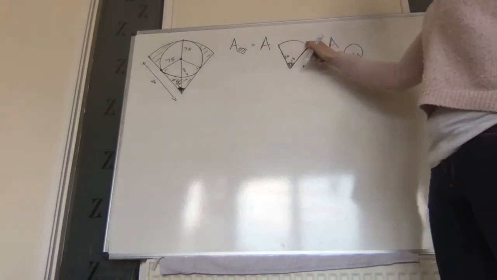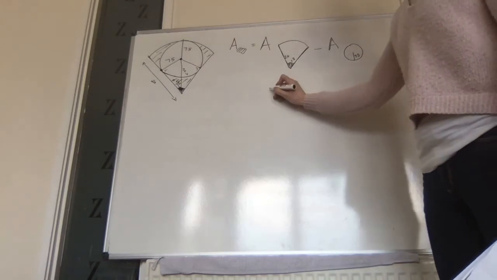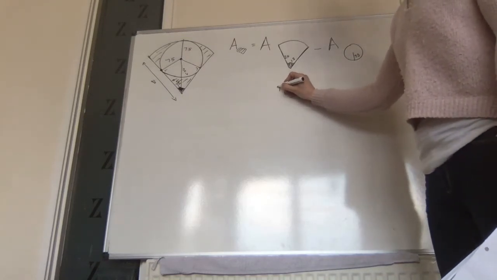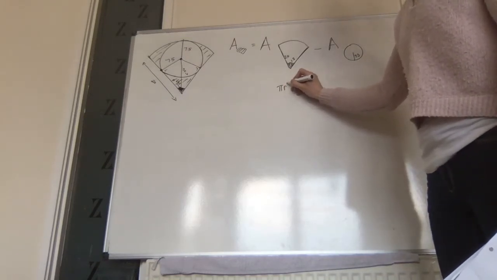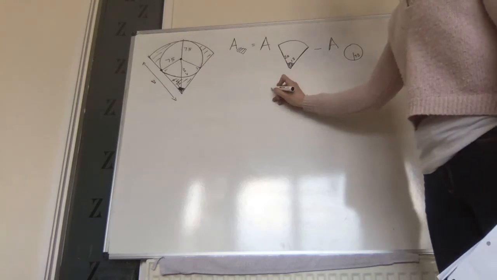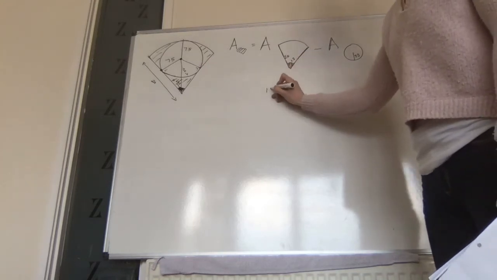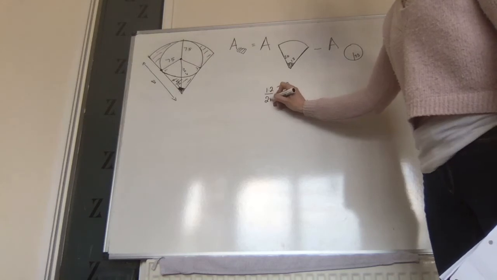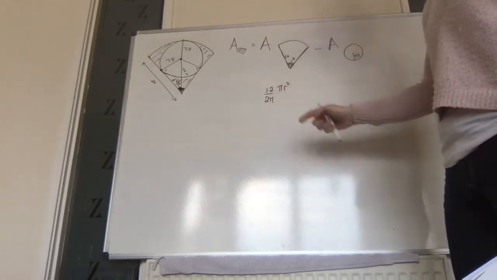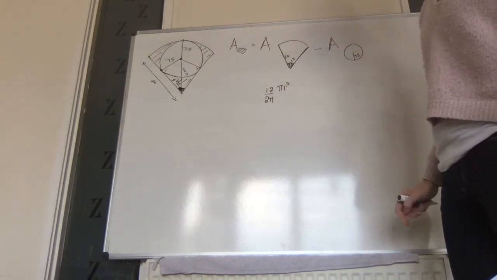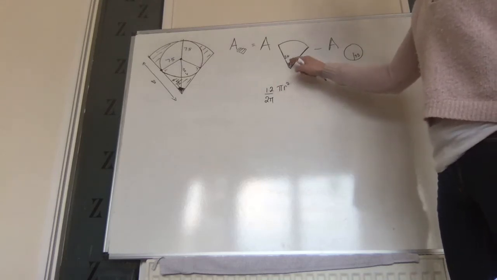The area of a sector of a circle is the area of a full circle, pi r squared, times whatever fraction the angle is of either 360 or 2 pi, depending on whether it's degrees or radians. In this case, it's radians.